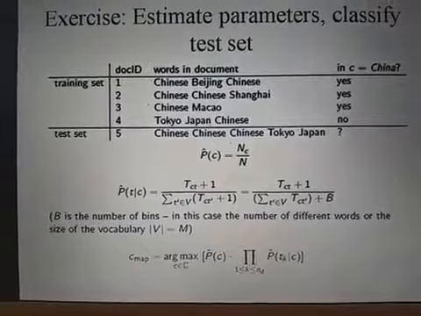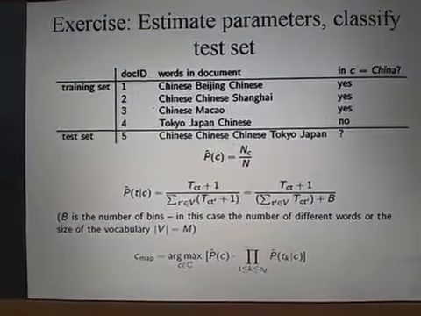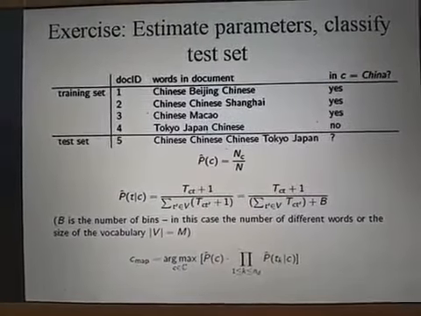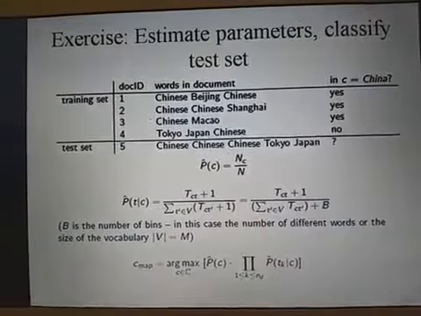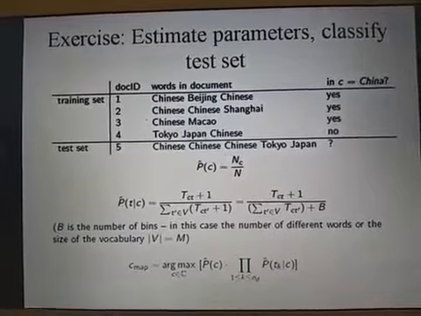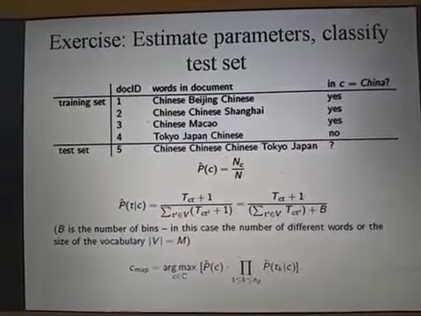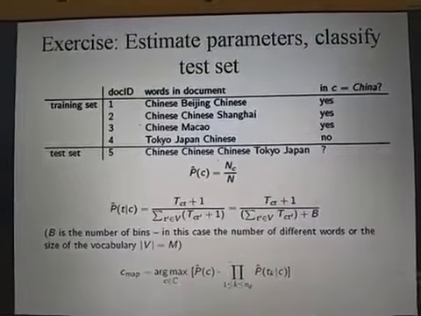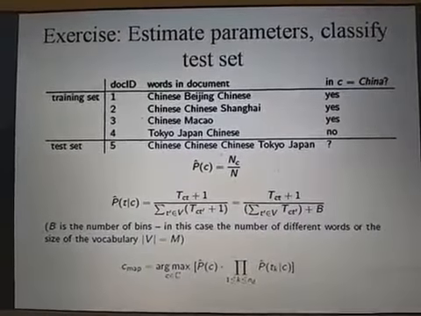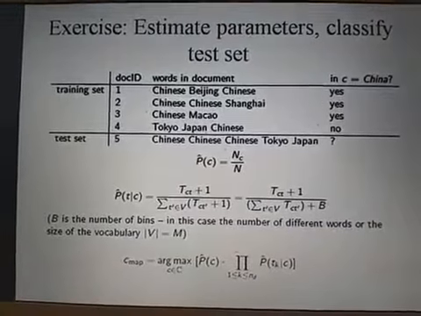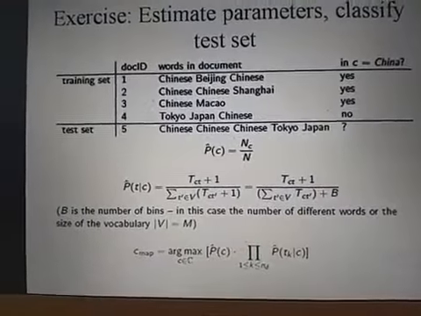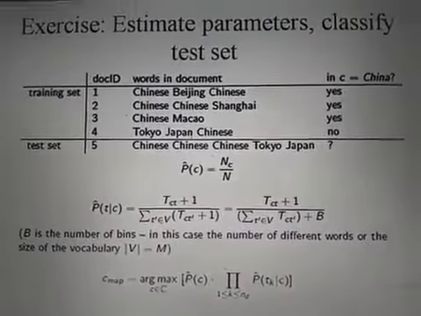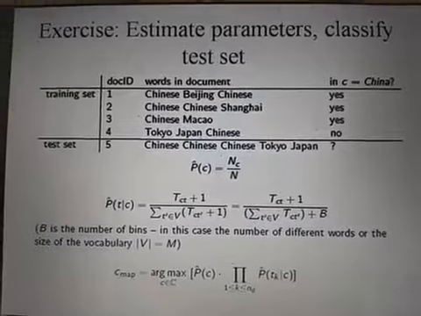In the training set, document 1 has the words Chinese, Beijing, Chinese, and the answer is yes, that means it belongs to China. Then document 2 contains Chinese and Shanghai, again belonging to China. Similarly the third one, Chinese, Macau and Chinese, also belongs to class China.